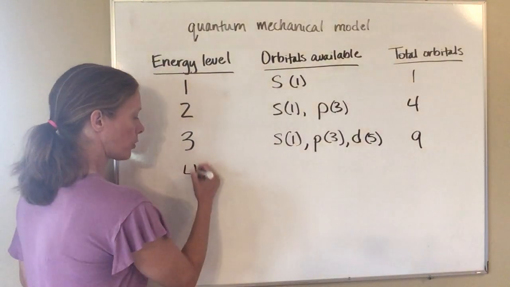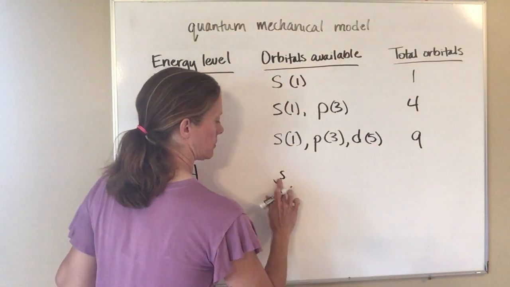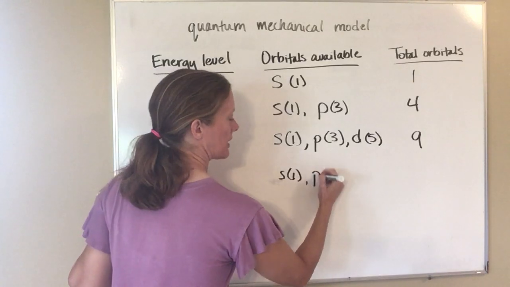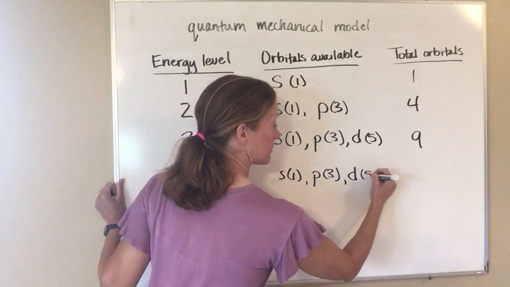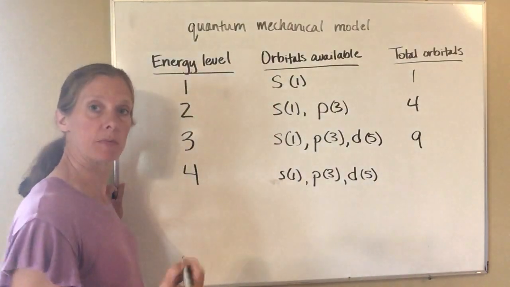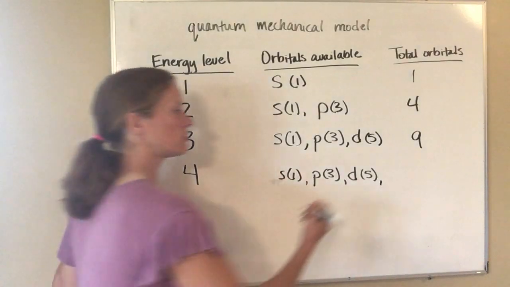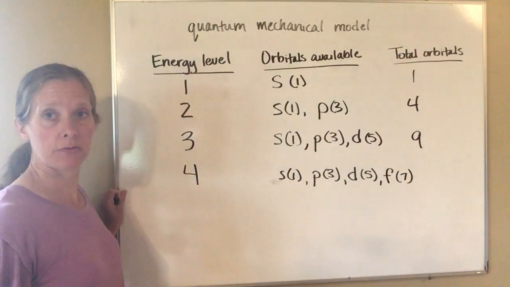When I get to the fourth energy level, I still have an s orbital. I still have 3 p orbitals. Again, I'm going to have 5 d orbitals, and they come in varying shapes. Check your book for that. And when I get to the fourth energy level, I have f orbitals, and there are 7 of those.